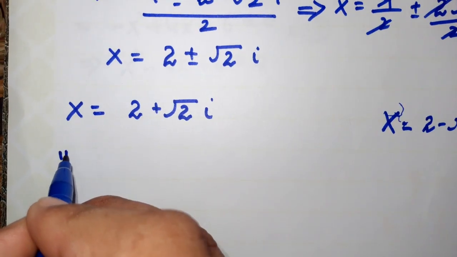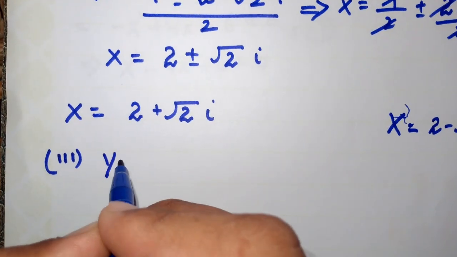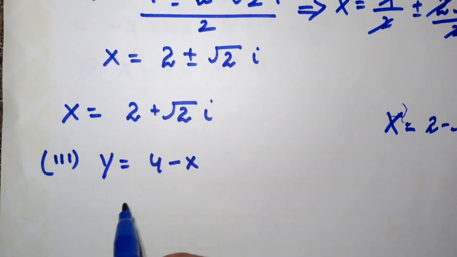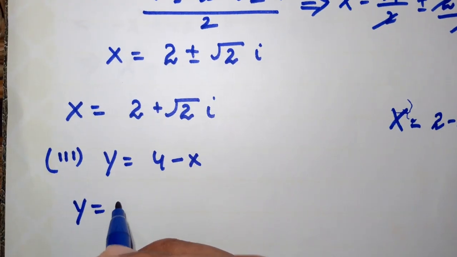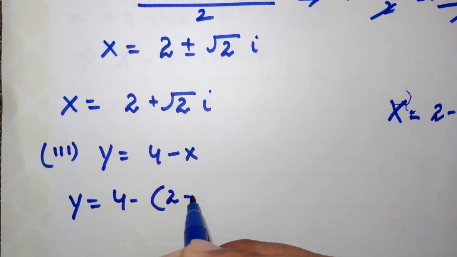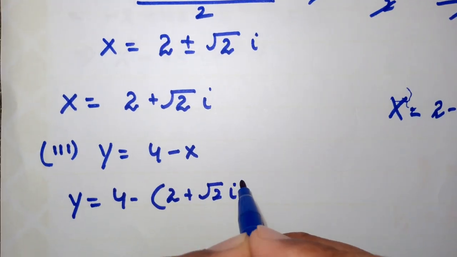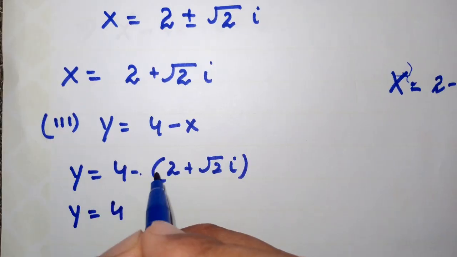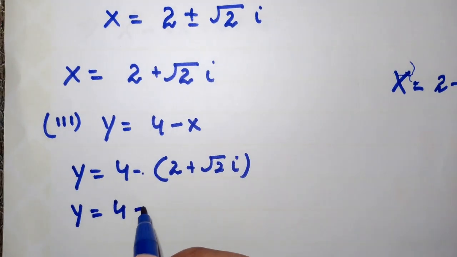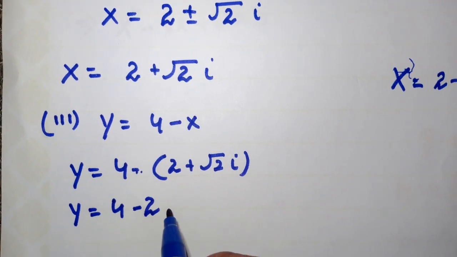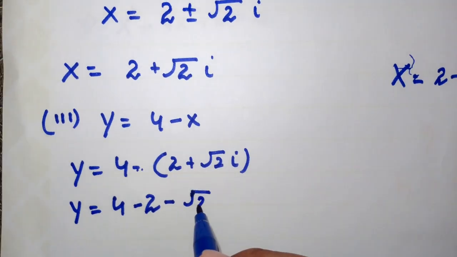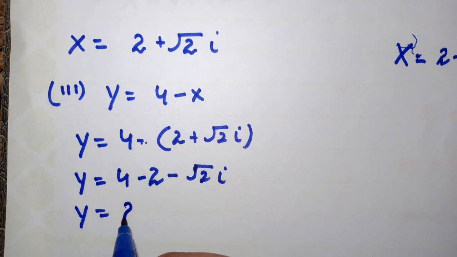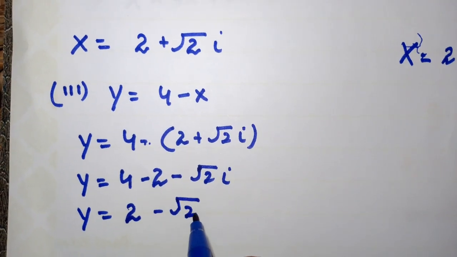Now from equation 3 we know that y is equal to 4 minus x. So here y is equal to 4 minus, bracket 2 plus square root of 2i. Y is equal to 4 minus multiply plus 2, this will become minus 2, minus multiply plus, this will become minus square root of 2i, and y is equal to 4 minus 2, this is equal to 2 minus square root of 2i.